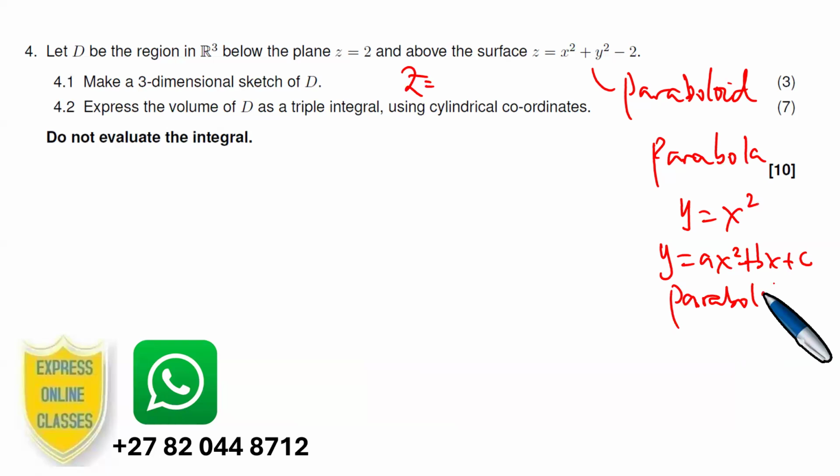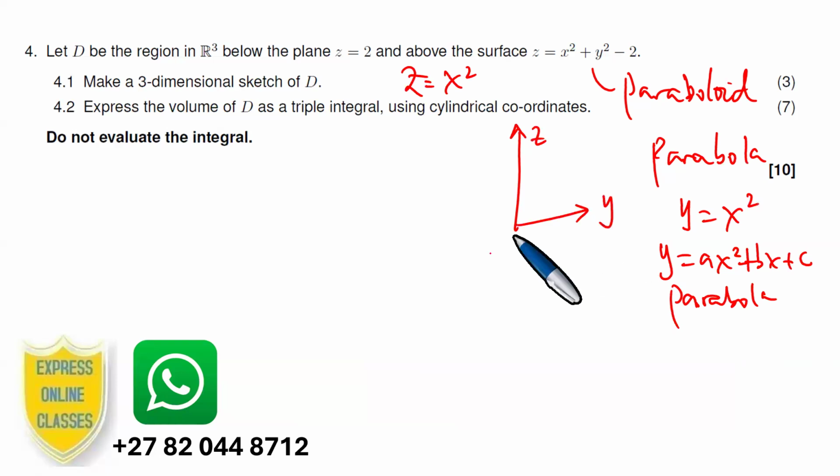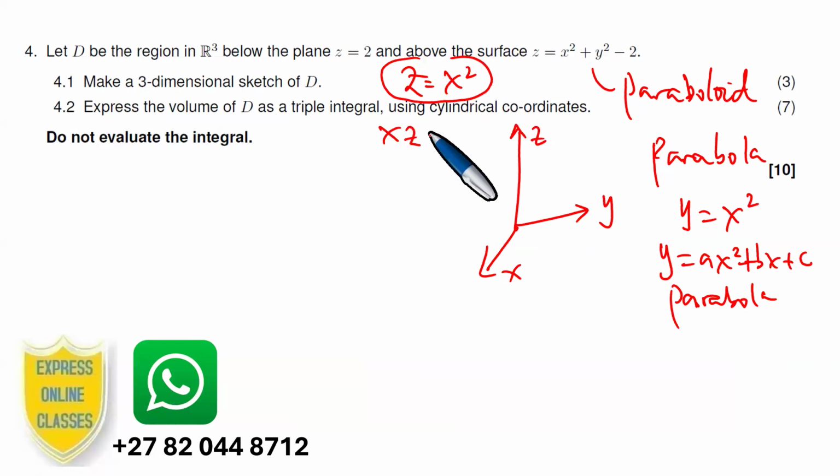Now, if it is z equals x squared, obviously you are dealing with z. So z equals x squared, for instance, is a parabola in the zx, or xz, plane.